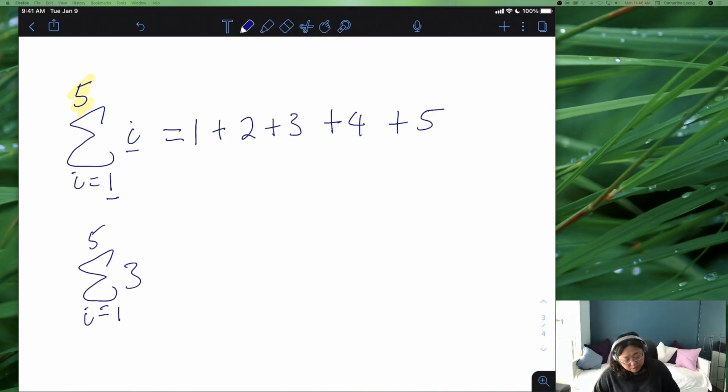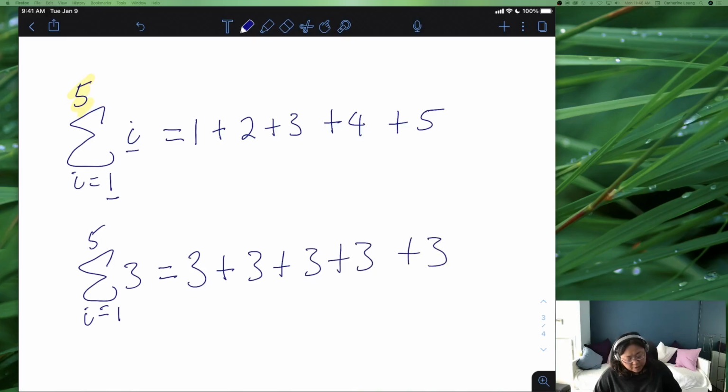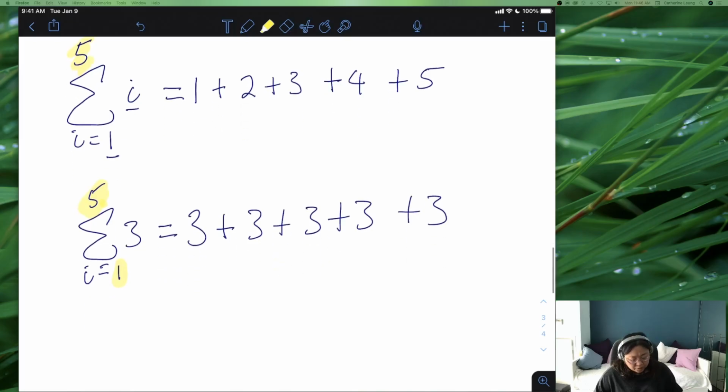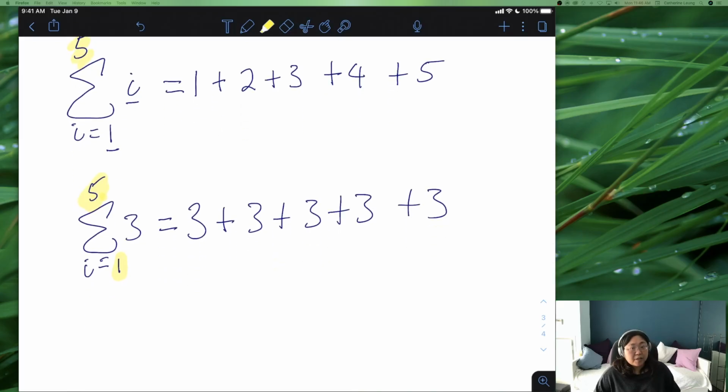Now, what this means is I'm actually going to do 3 plus 3 plus 3 plus 3 plus 3, 5 of them. Why? Because even though there's no i here, I still have to have a total of 5 terms from 1 to 5 inclusive. And each time I don't have anything other than a 3, but I have to add them all together. So that's what that actually says.